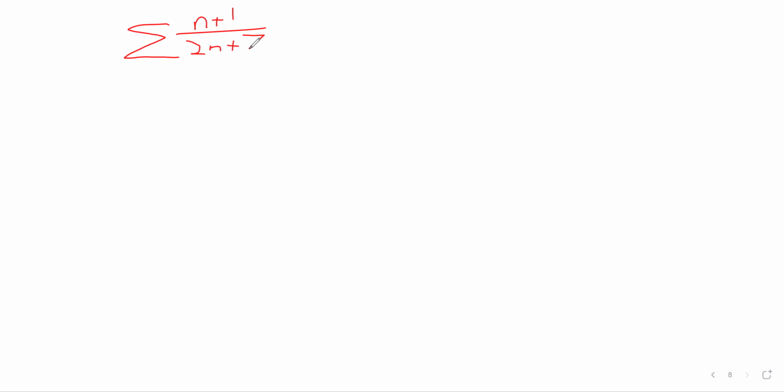But the reason I say that, I see this is a rational thing. It's linear over linear. And because the degree of the top and the degree of the bottom are the same, it's going to have a horizontal asymptote other than 0. The limit as n goes to infinity of this is 1/2.